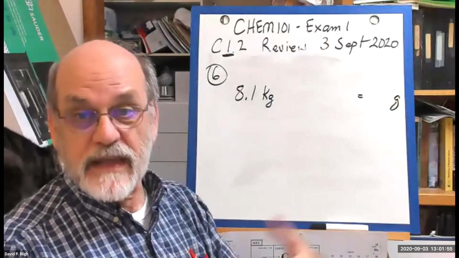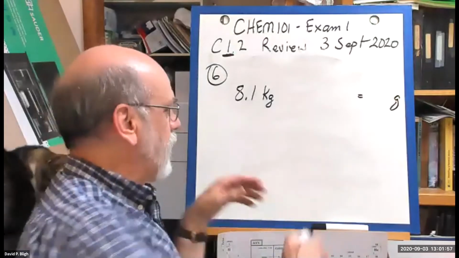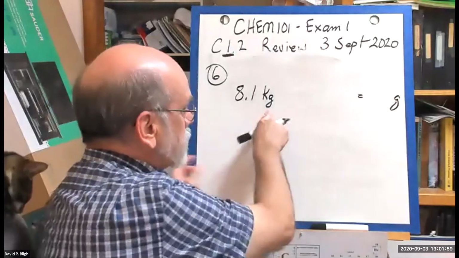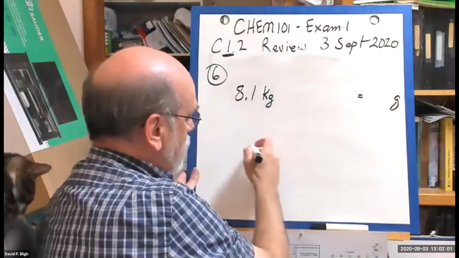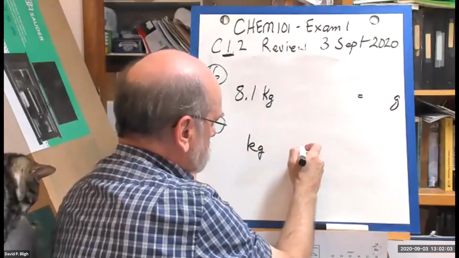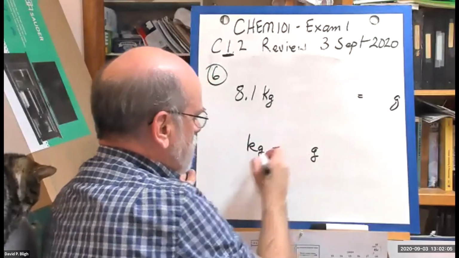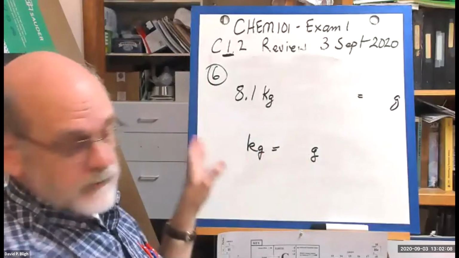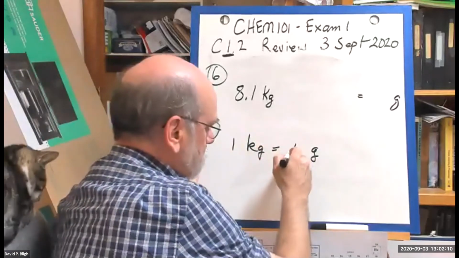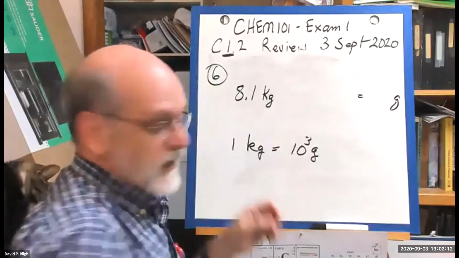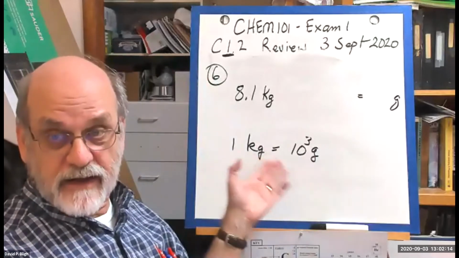You always start with an equality, right? In this case, our equality would be kilograms and grams. How many grams does it take to make 1 kilogram? It takes 1,000 grams to make a kilogram.